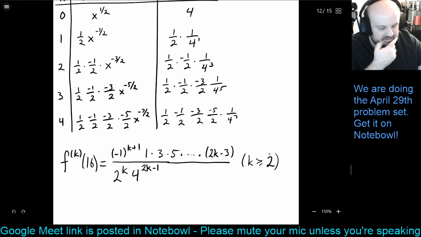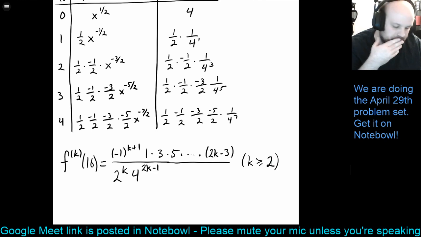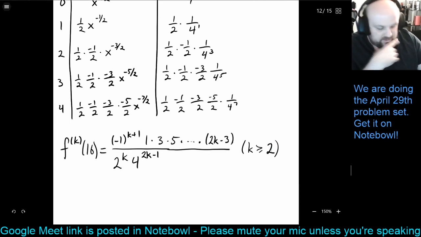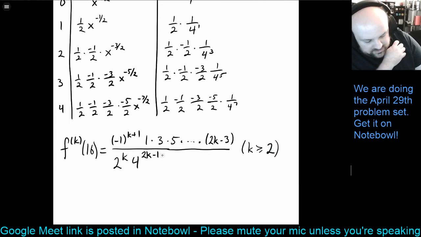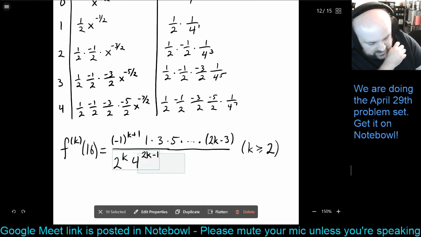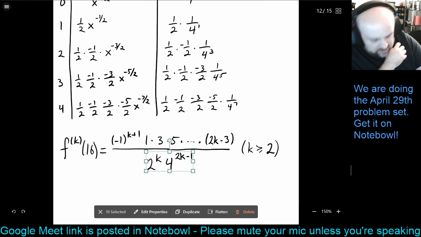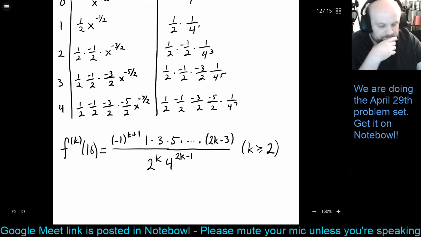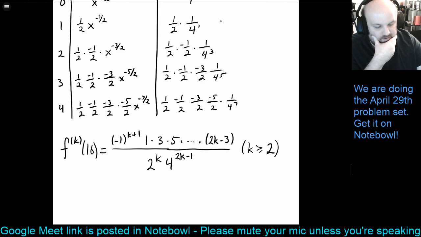If we plug in, say, k equals 4, we get 8 minus 3, which is 5. So this pattern holds for k equals 2 and larger.